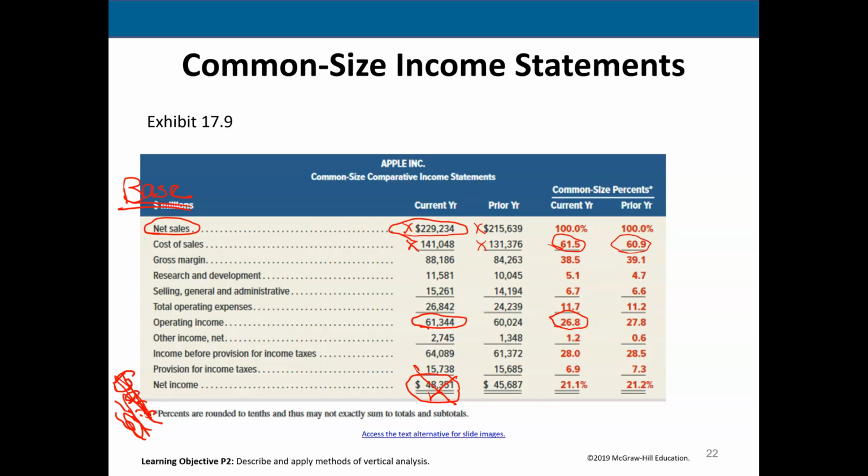Operating income is 26.8% of net sales. And at this point, managers are going to have certain percentages that they need to adhere to. And maybe they want operating income to be 40% or 35% or 30%. They can easily go to a common size financial statement to get that.